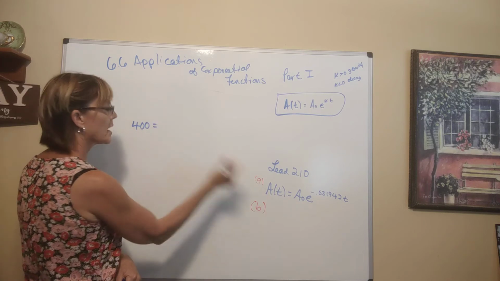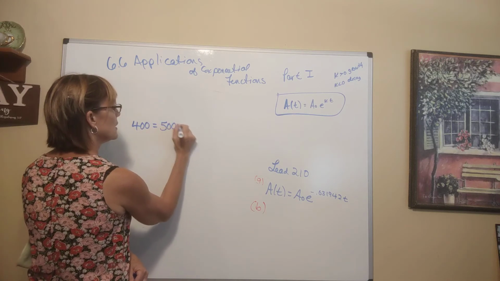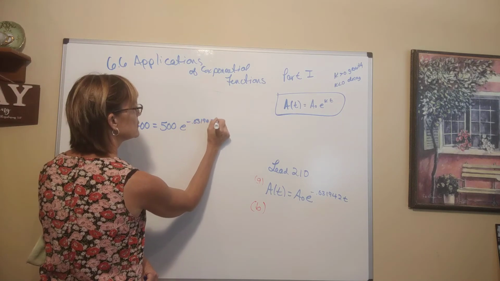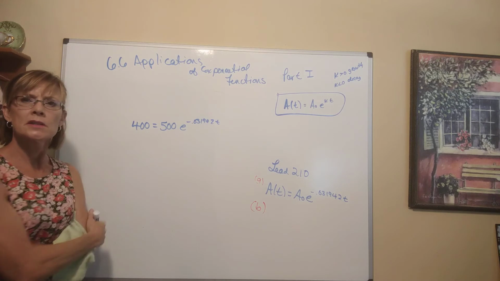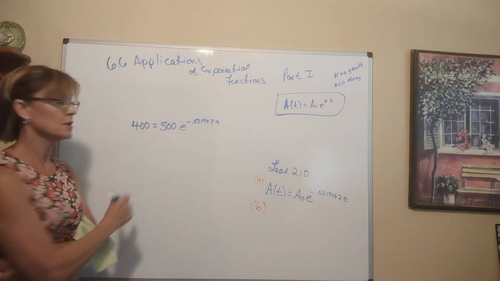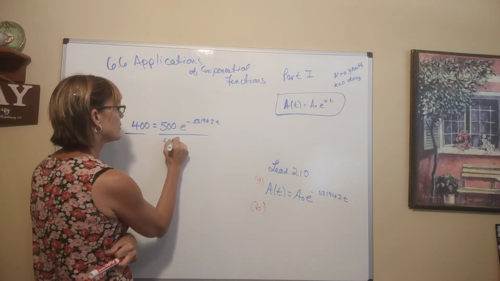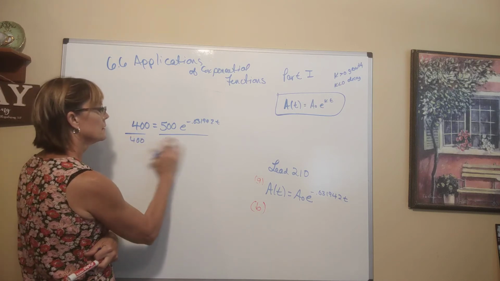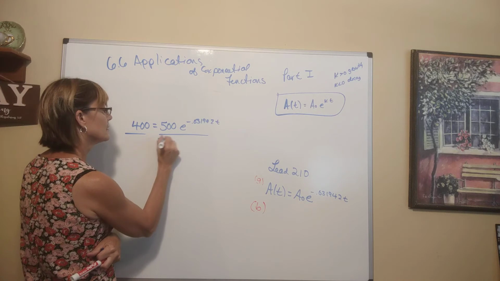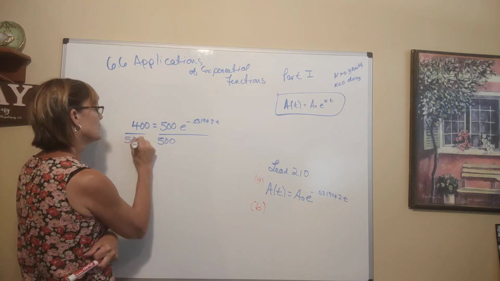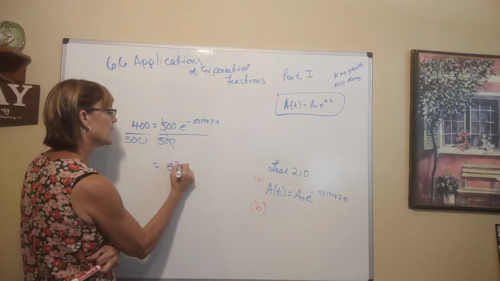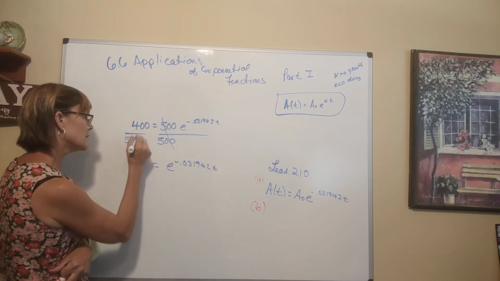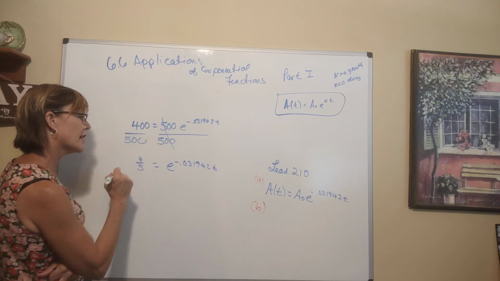What was the initial amount? 500 grams, e to the negative 0.03194 t. We're going to solve this equation for t. Isolate the exponential expression by dividing both sides by 400, I'm sorry, by 500. Then we get e to the negative 0.03194 t is 4/5 if I simplify that.